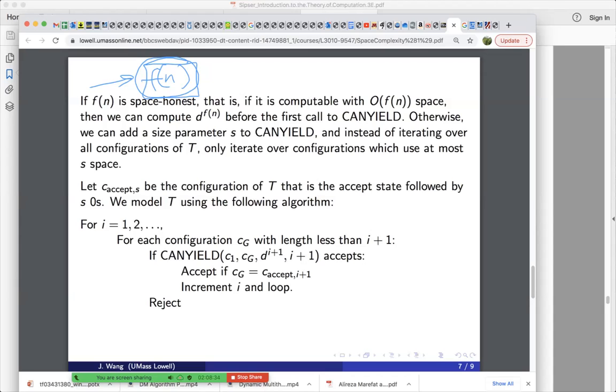This method is to add a size parameter s to CanU. Instead of computing f of n directly, I'm going to list all possible values without really computing f of n. That is the trick here.